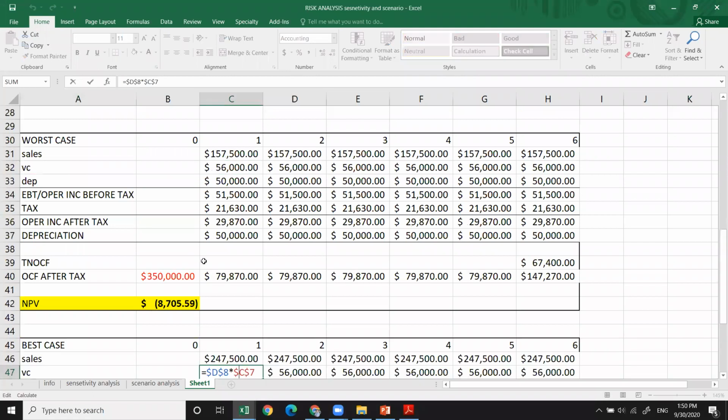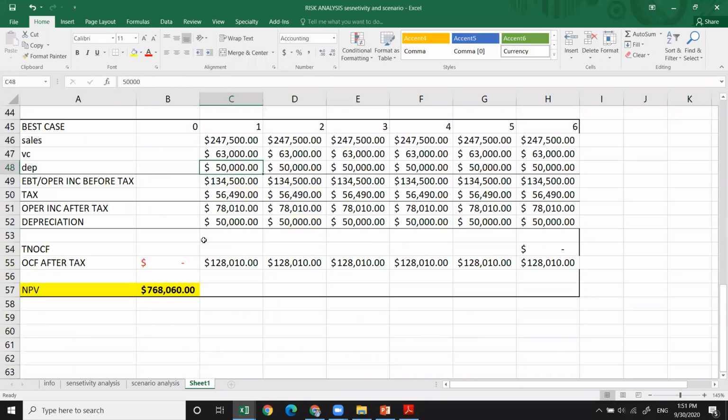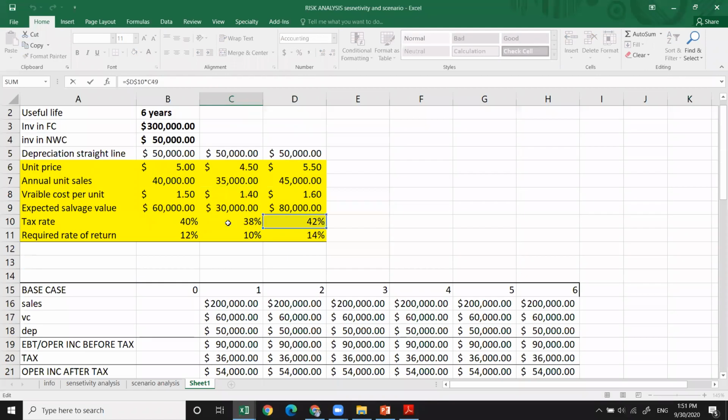And variable cost should be the lowest. Depreciation, same. EBIT change, the tax rate should be the lowest in the best scenario.